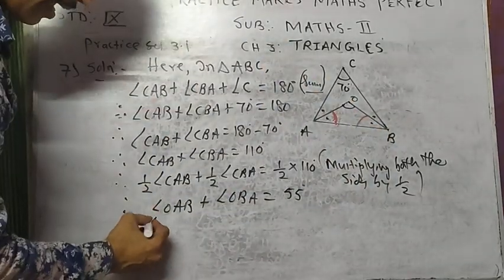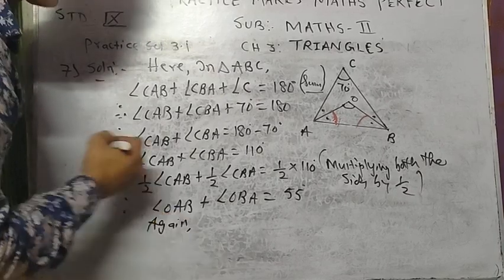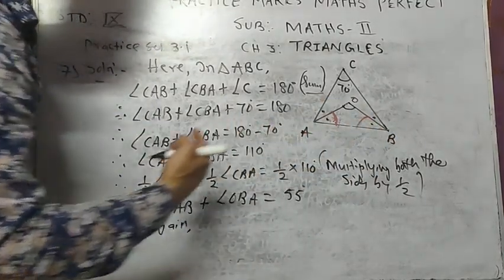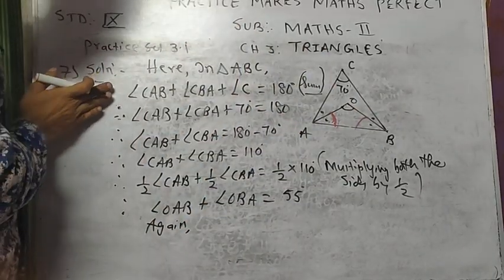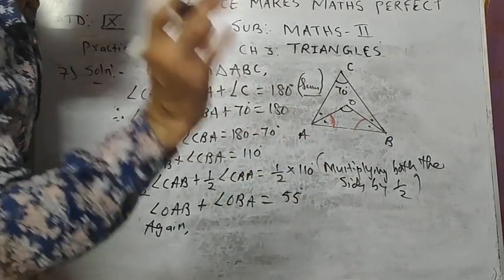So again, you will take the help of the sum of the measures of three angles of a triangle. First time you took it in the big triangle, now you will take it in the small triangle.